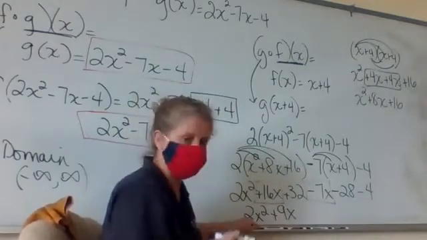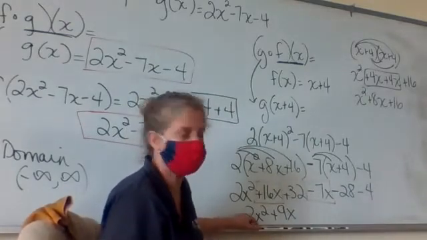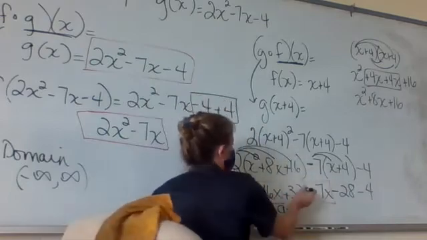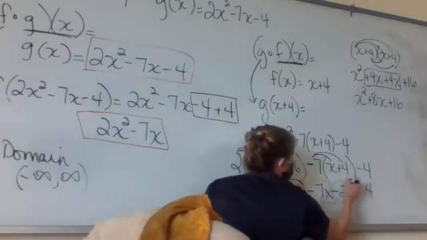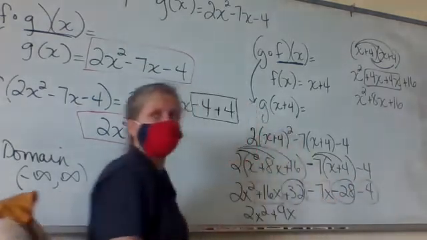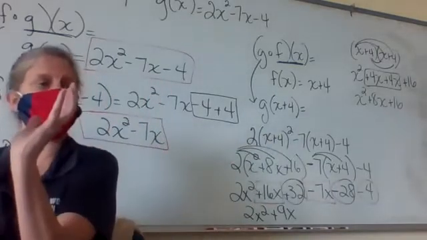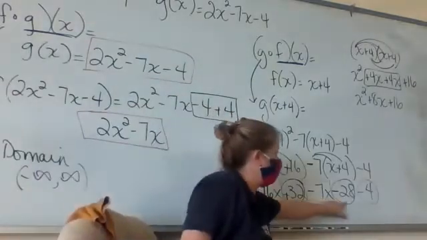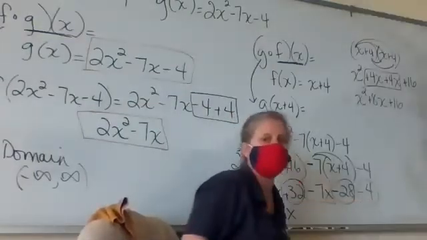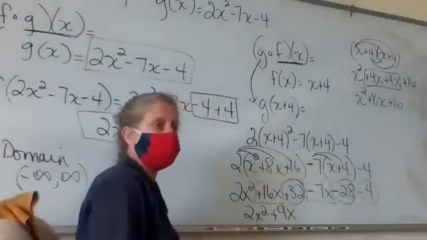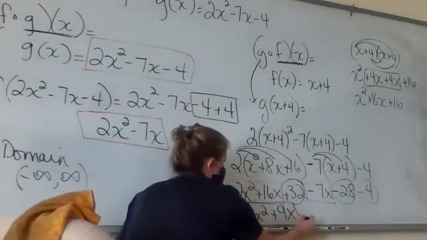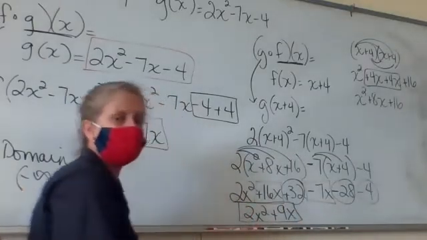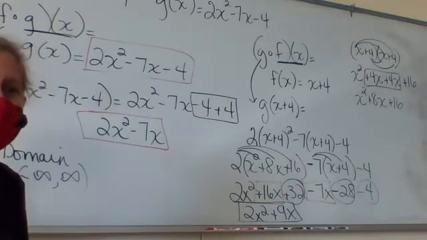And when I put my plain numbers together, you've got 32 minus 28 minus 4. They all knock out, right? Because 32 minus 28 gives you 4, and then 4 minus 4 is nothing. So you don't have any plain numbers left. So your final answer is 2x squared plus 9x.